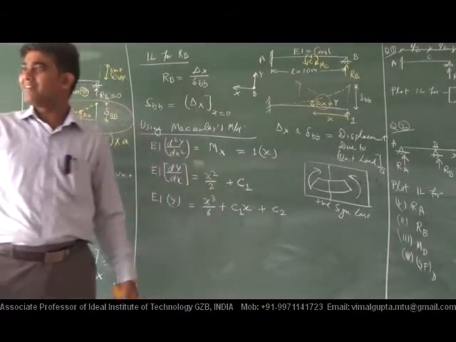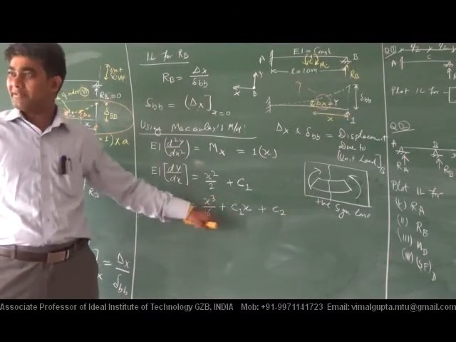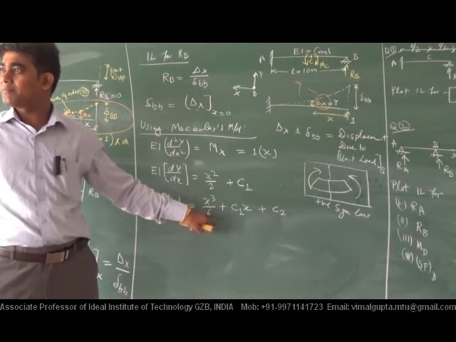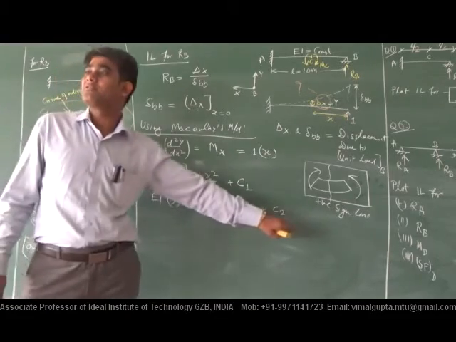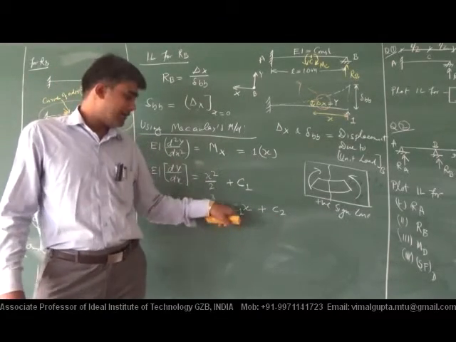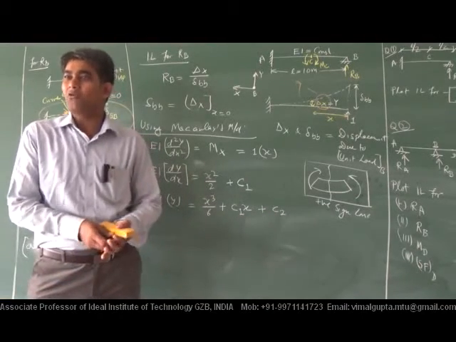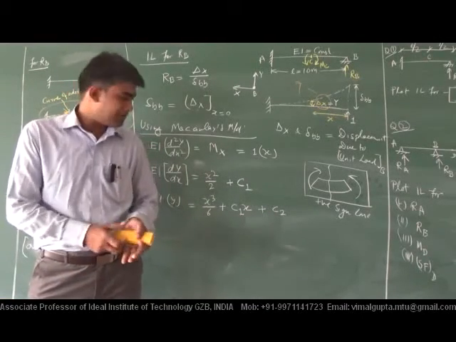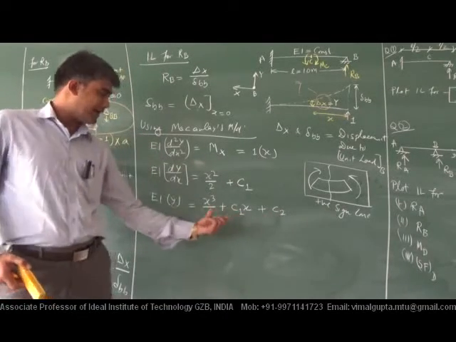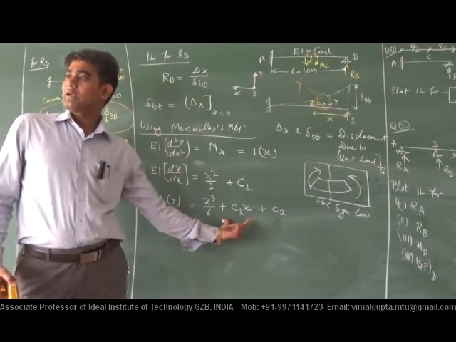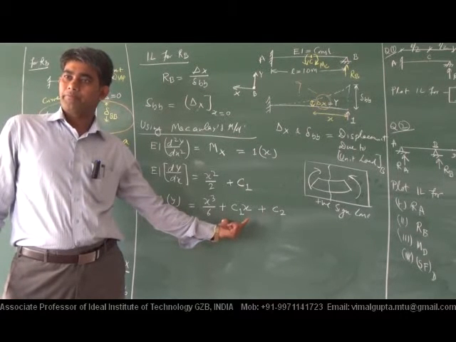It is y, and we have the expression in terms of x. But we also have the constants C1 and C2. If by any means we are able to find the values of C1 and C2, then that function can be known in terms of x only.